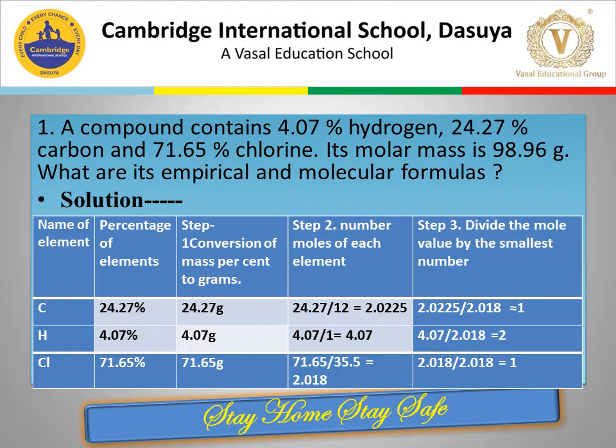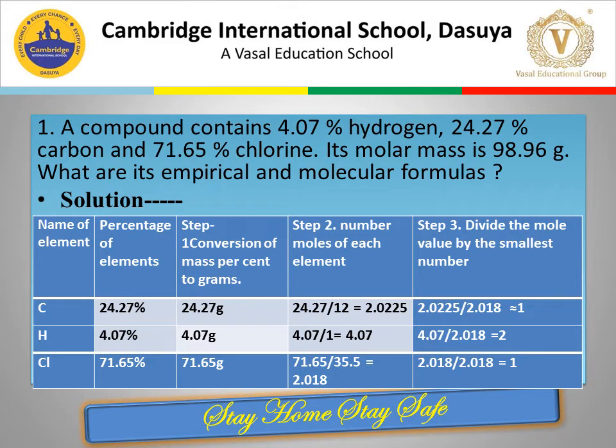What is the ratio between all these elements which are present in the given compound? So what we do is we divide by the smallest mole value to get the ratios between these different elements.